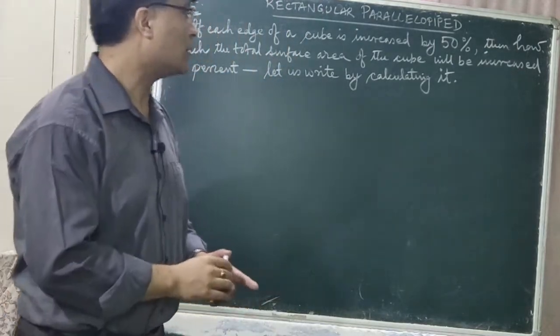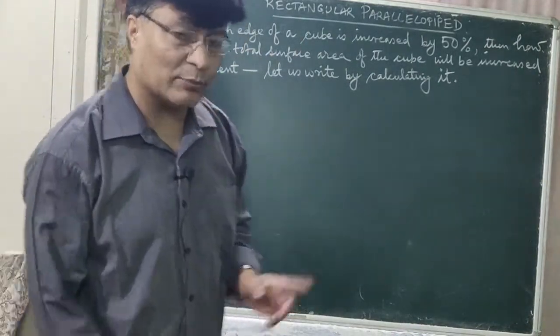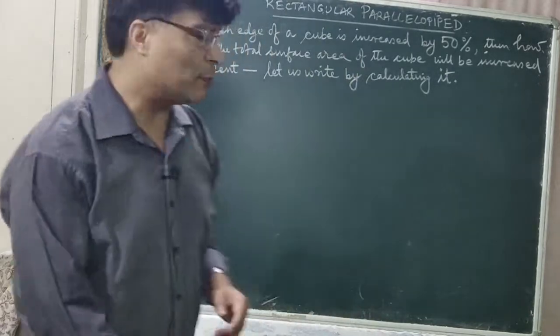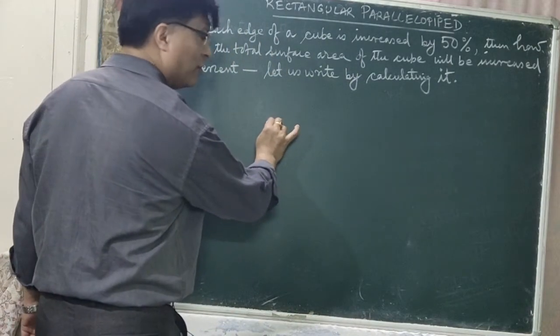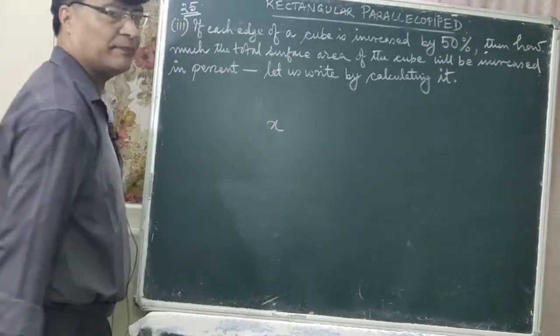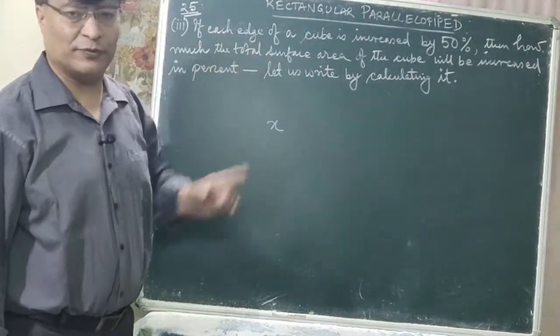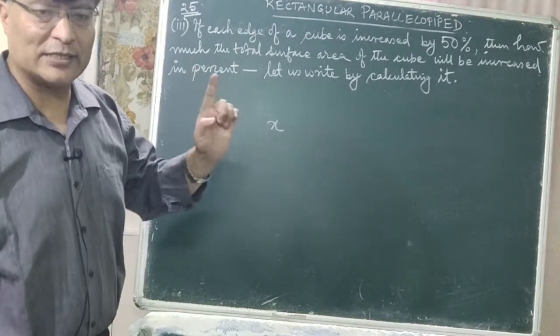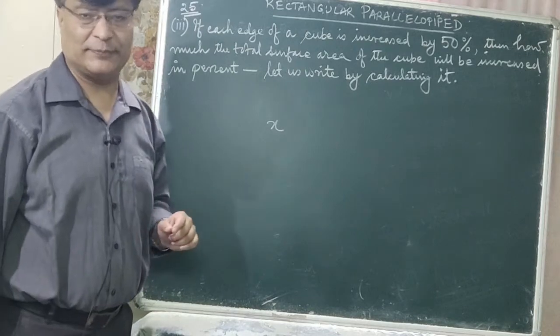Okay, the if each edge of a cube is increased by 50% भनेको के हो, म यो बुझाउने चेष्टा गर्दैछु. Suppose the original edge of the cube, that is each edge of the cube, be x. यो चाहिँ original edge.